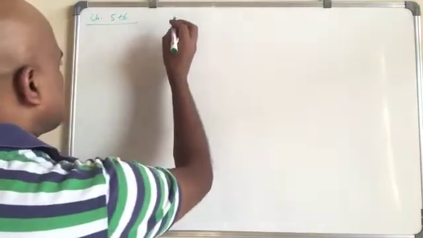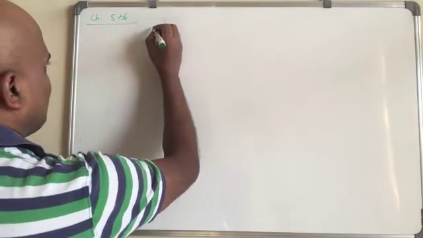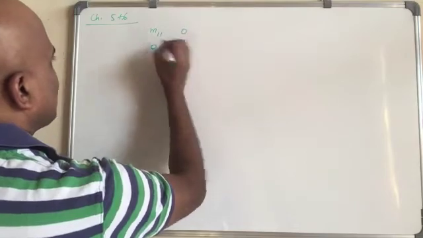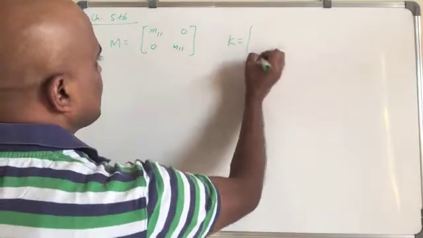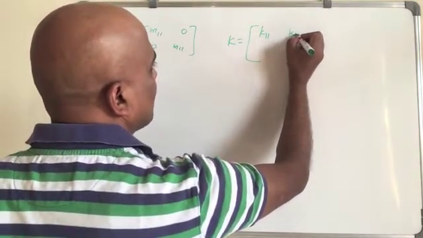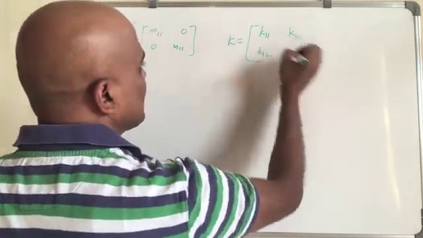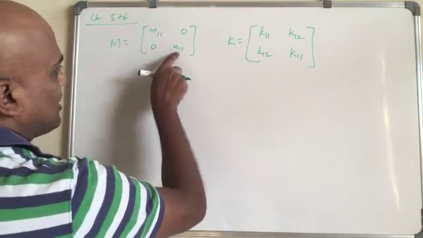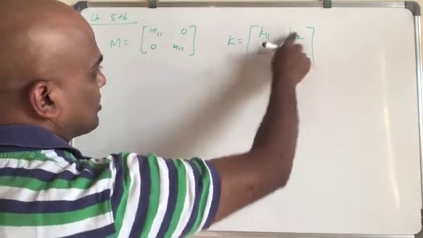One problem you would see there says that the mass matrix is of the form M11, 0, 0, M11, where M11 is the mass, and K is something like K11, K12, K12, K11. Both K12 terms are the same, and the diagonal terms are the same. So M11 is here, here, and here. K11, K11 on the diagonal, and K12, K12 off the diagonal.